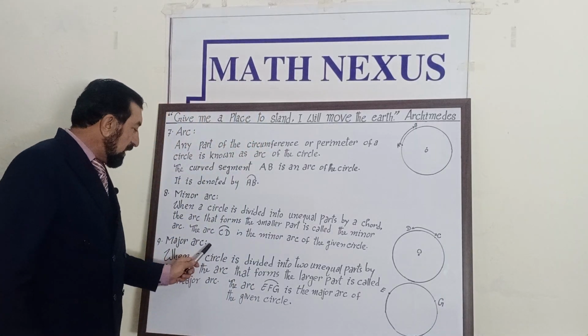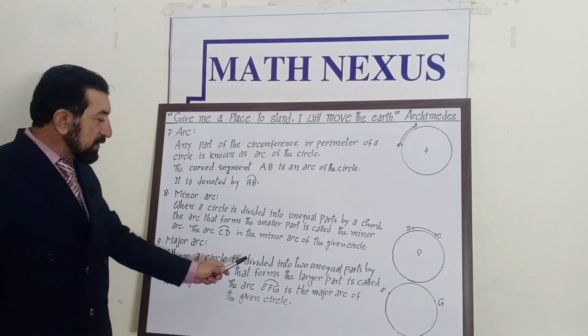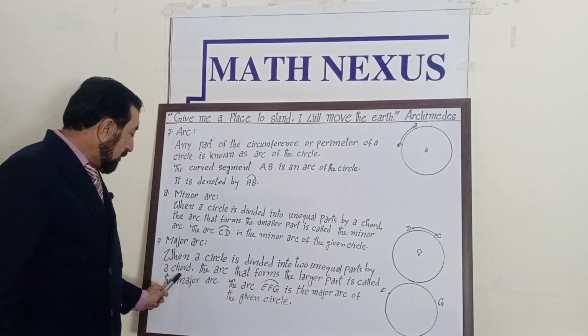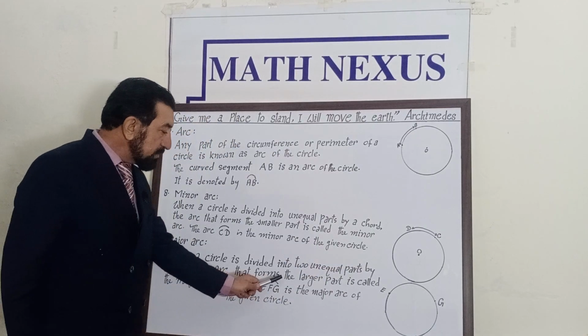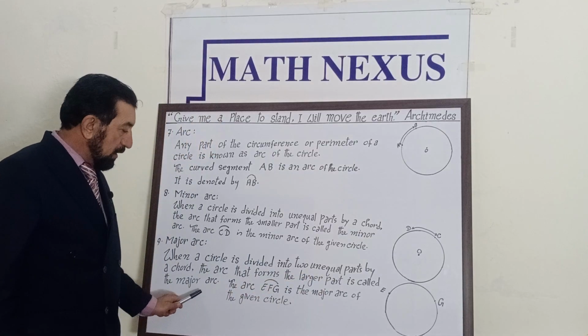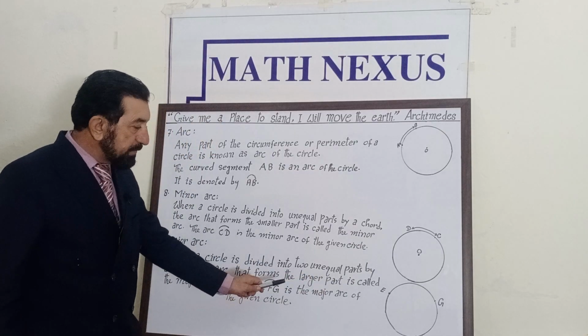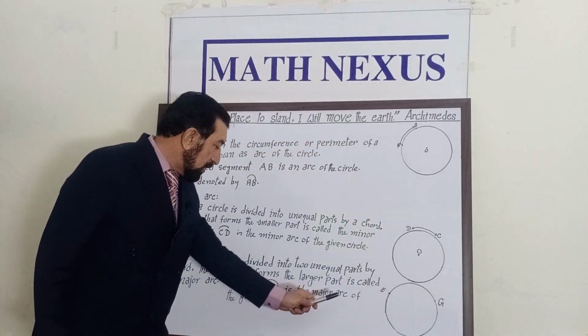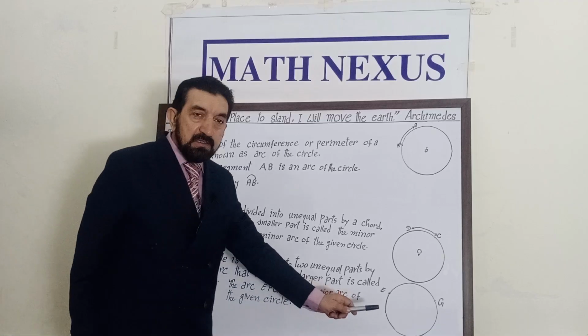And major arc: when a circle is divided into two unequal parts by a chord, the arc that forms the larger part is called the major arc. The arc EFG is the major arc of the given circle.